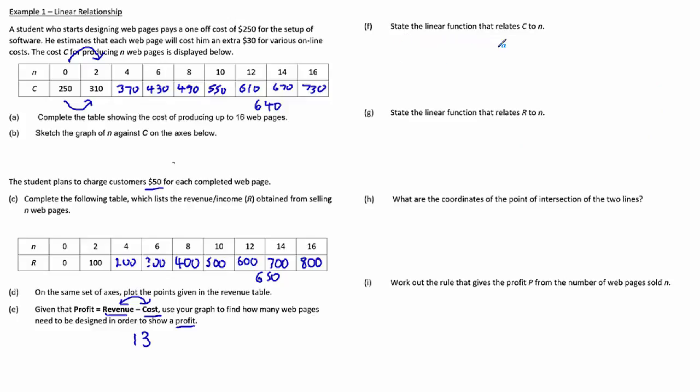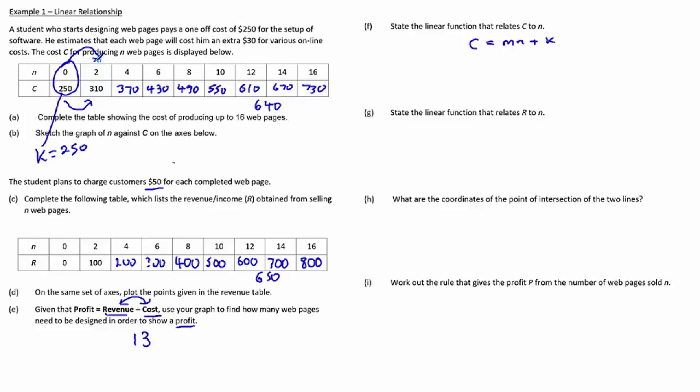State the linear function that relates c to n. Well, we know that c will be of the form mn plus a constant. I call the constant k since this is c. So m is the gradient, k is the y-intercept. Well, we can see the y-intercept here, so straight away we have that k is equal to 250.